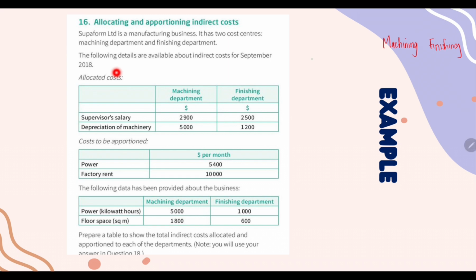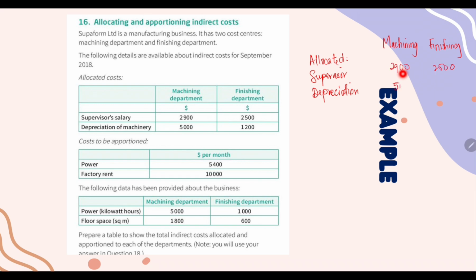Now the first thing we do is put our allocated costs, because remember this is the simple part. So under allocated, we have supervisor, and below that we have depreciation. Supervisor here is 2,900 and 2,500.